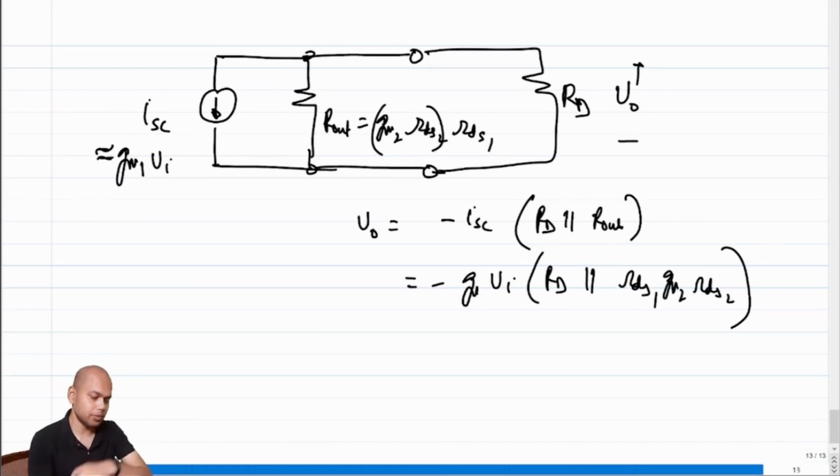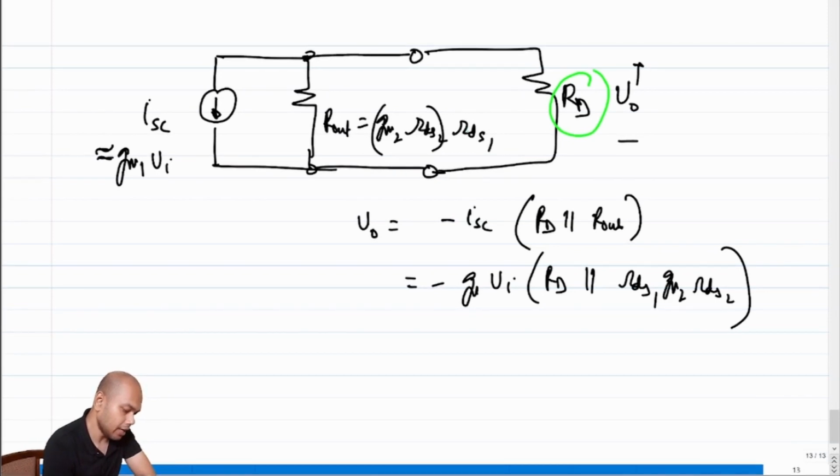So do you think the situation has improved with respect to a common source amplifier, or has it worsened? Clearly it has improved, because now the current division is happening between RD and an Rout, which is many times rds1.